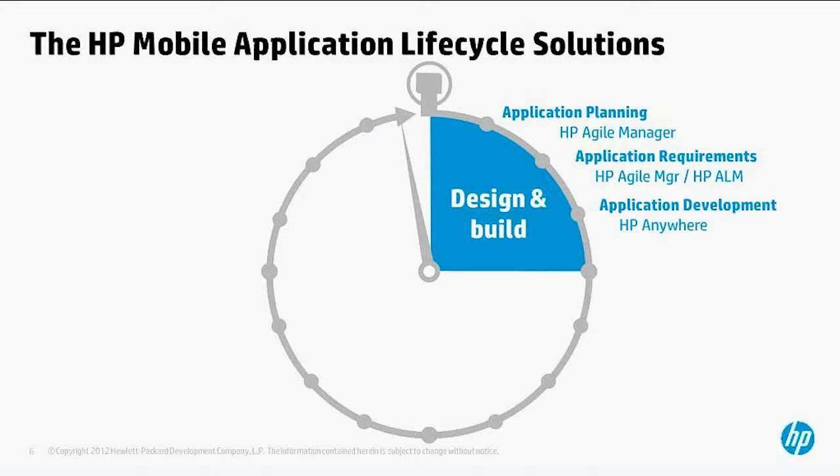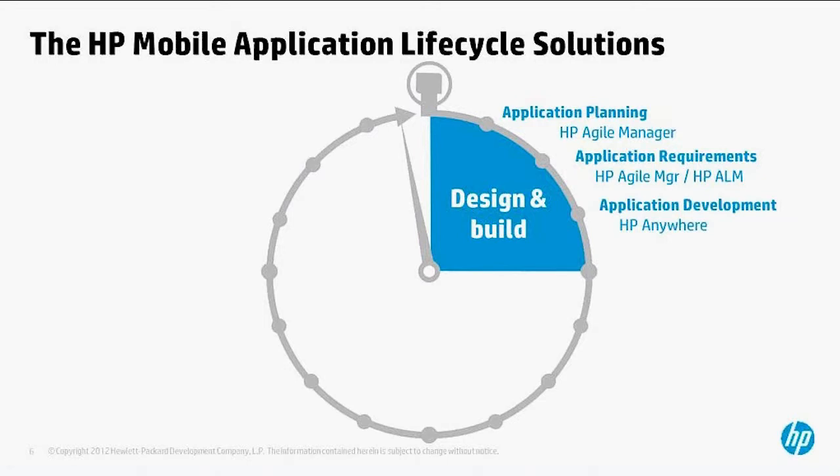So HP Agile Manager is a great solution that you can tap into to do those iterative sprints and build those mobile apps. As well as building those apps, you need to understand the requirements and do the testing, and that's where HP Agile Manager tied into ALM provides seamless integration, so that your development team can get access to what they need to work on in Agile Manager, and then the testing team via HP ALM.